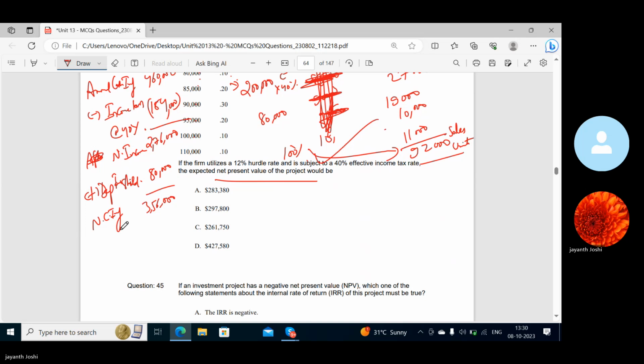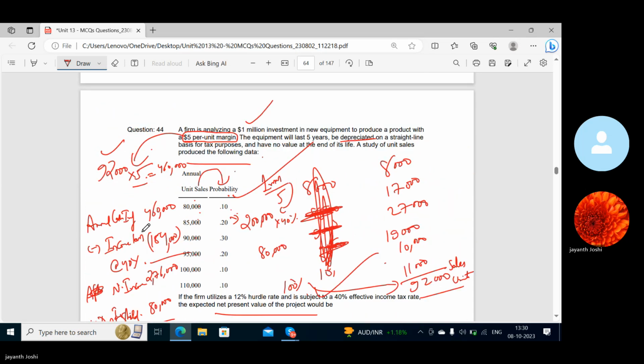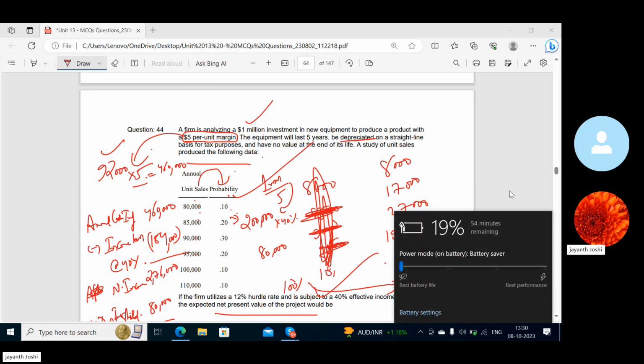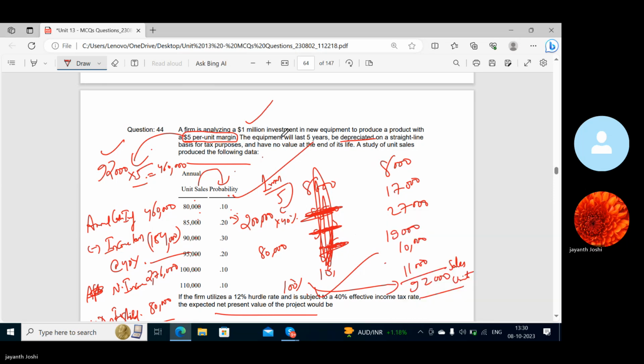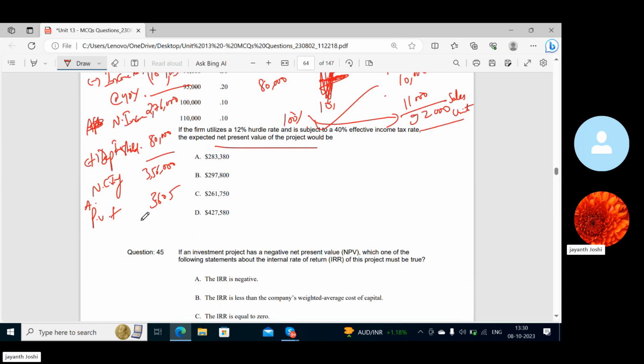But the question has given 5 years, a 5-year life, right? That's what it is. So the PVF annuity is 3.605. So what are you getting here? 12,83,380.